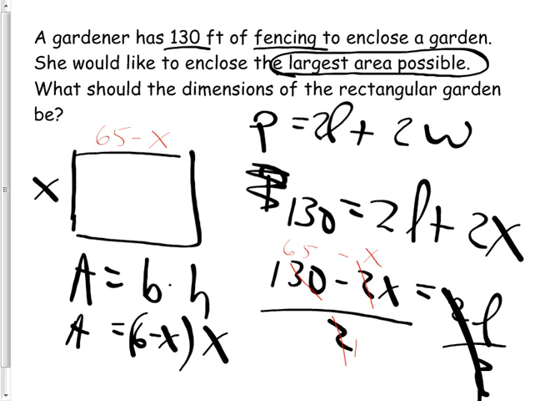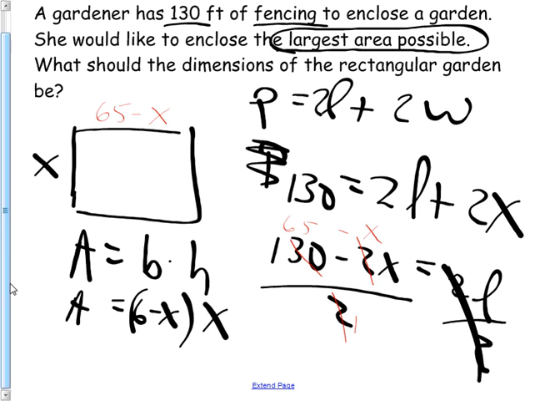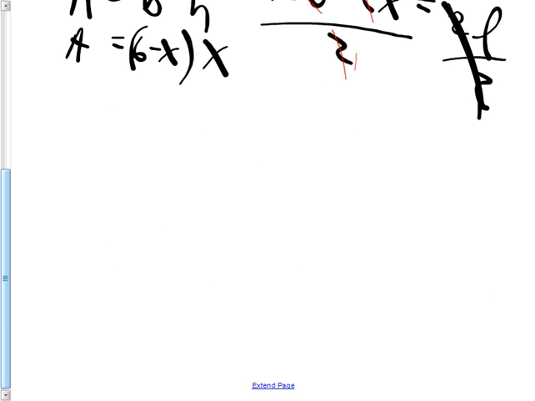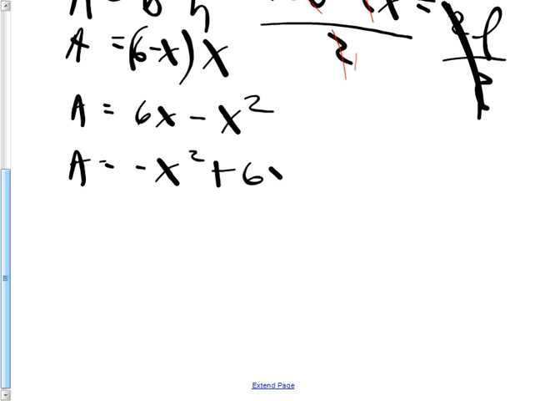And then here's where your ability to do what I just told you is important. When I multiply this out, I get 65x minus x squared. Do you get that that's an upside down parabola because it has a negative on the front of it? Do you get that? I just rewrote it. Do you get that that means it looks like this?